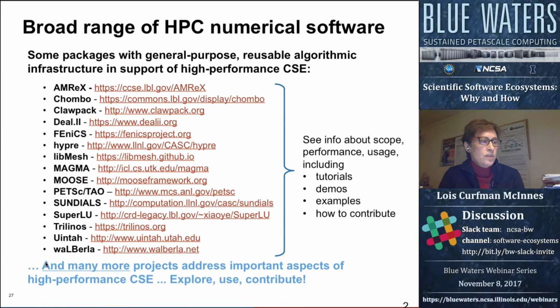So these range from capabilities for AMR, doing various kinds of numerical PDEs and ODEs, doing basic linear algebra, optimization, and many other tasks that we talked about earlier in the presentation that are used often in science and engineering. So we encourage you to follow these links and also explore other software to really explore and learn about the scope of what's out there and explore how to use it.